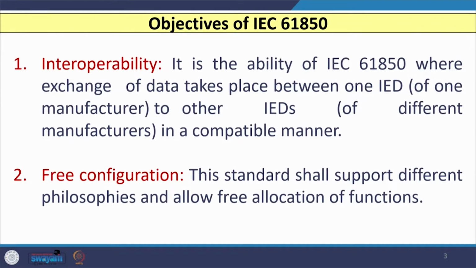The first objective of IEC 61850 is interoperability. We know that interoperability is the ability of exchange of data to take place between an IED of one manufacturer and several other IEDs of different manufacturers in a compatible manner.